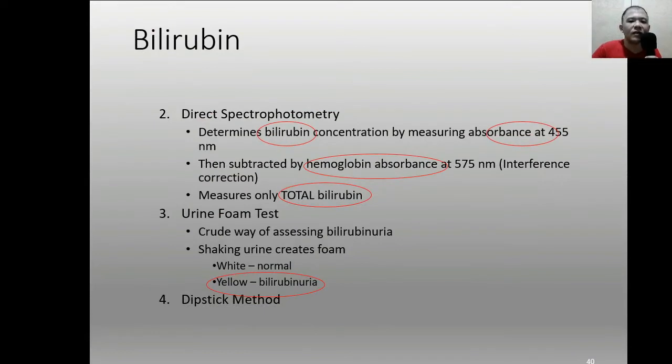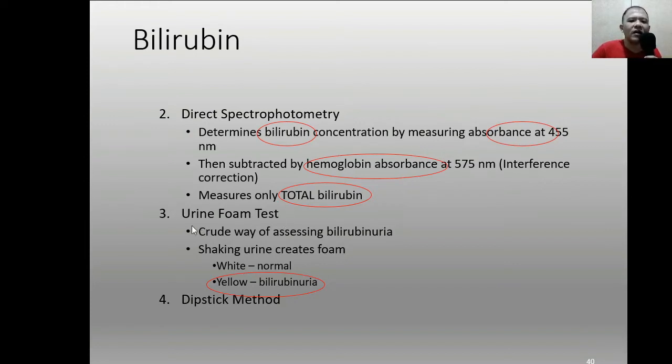It can also be measured through direct spectrophotometry. It is the difference between the bilirubin absorbance at 455 minus the absorbance at 575. So the result is the total bilirubin.